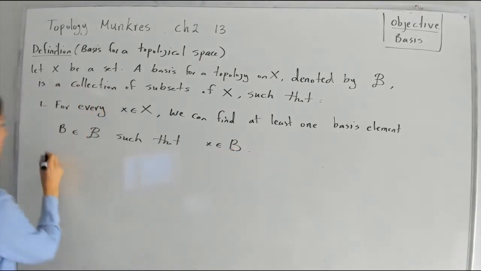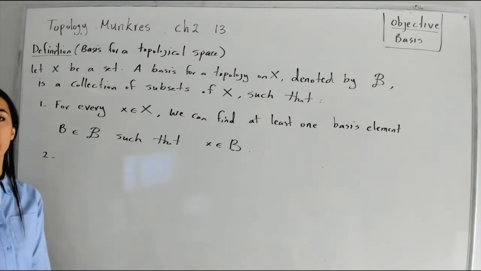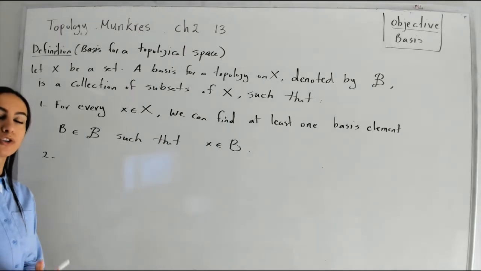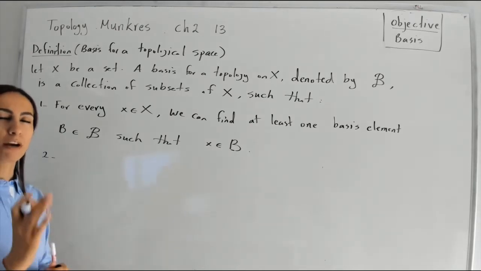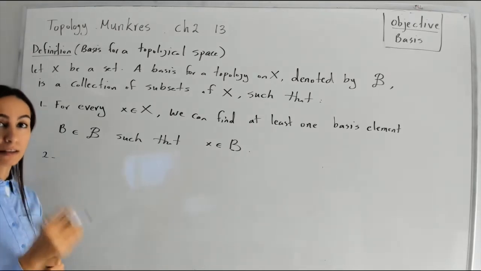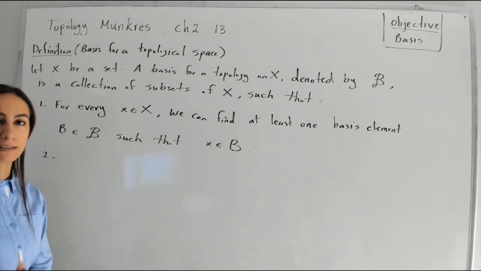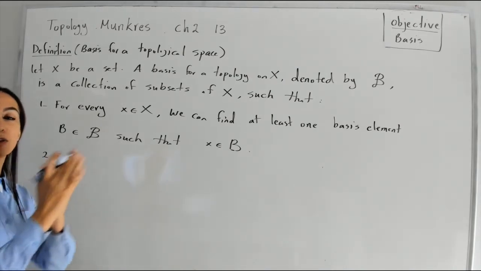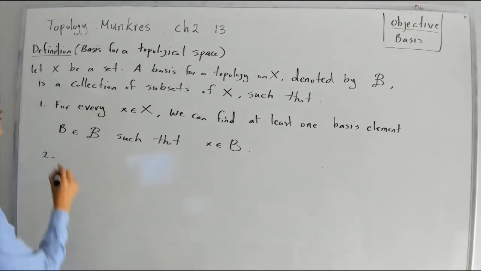Well, the second condition: if a member of X belongs to two basis elements, B1 and B2, for sure you can find a third basis element like B sub 3, including X, and it is included in the intersection of B1 and B2.